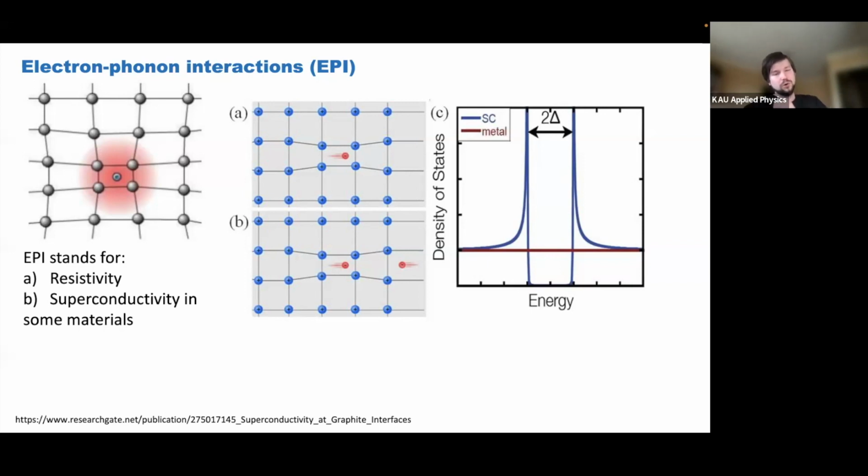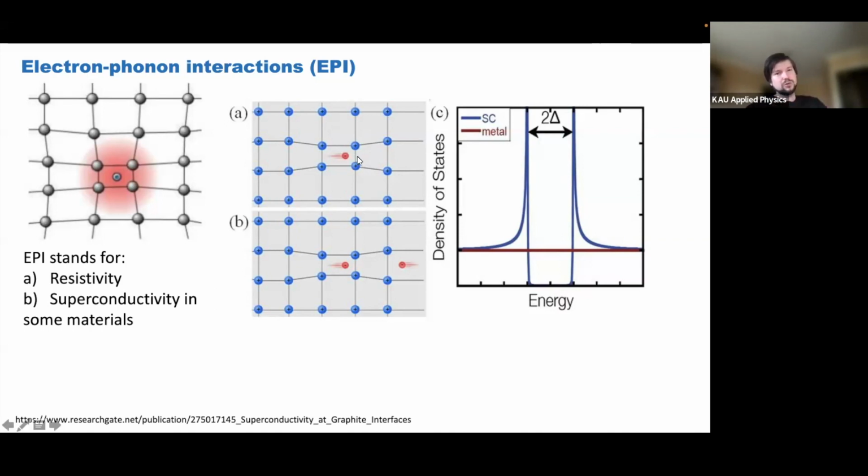Superconductivity is a more complex thing. We have Cooper pairs created in Bardeen-Cooper-Schrieffer theory. Cooper pairs are created by electron-phonon interactions. One electron disturbs neighboring ions, so it interacts with phonons in some way.